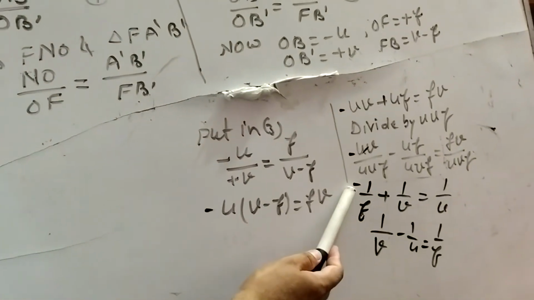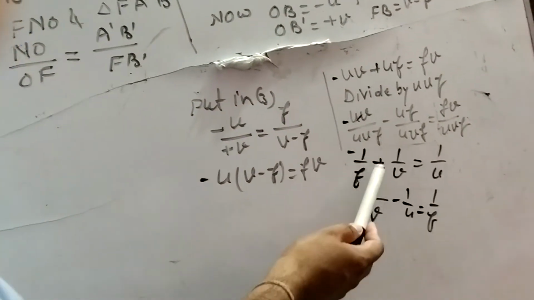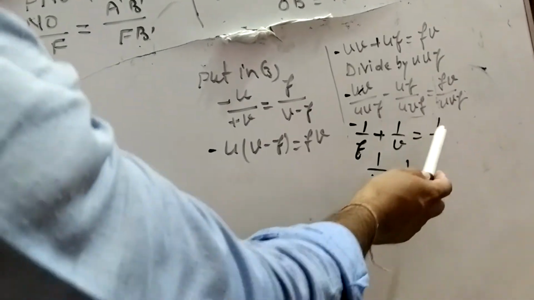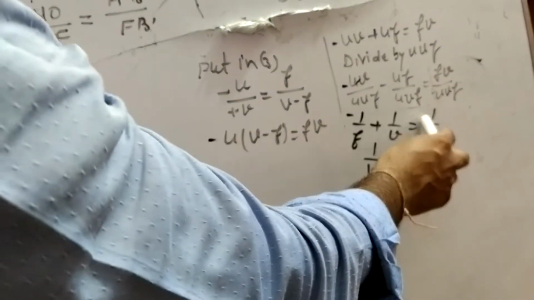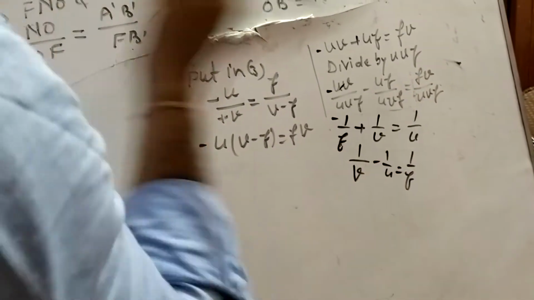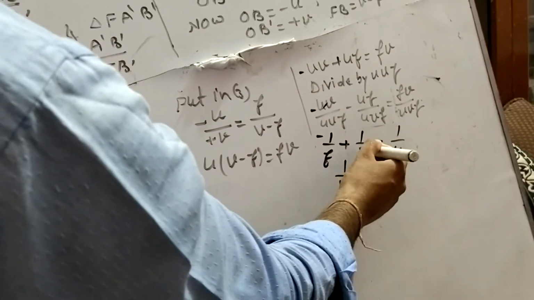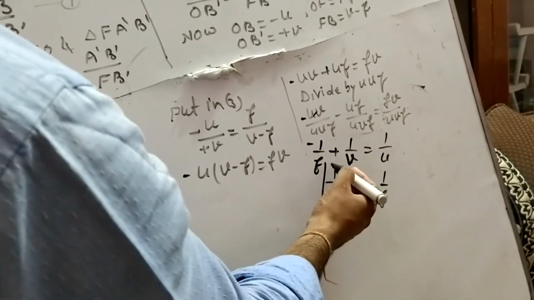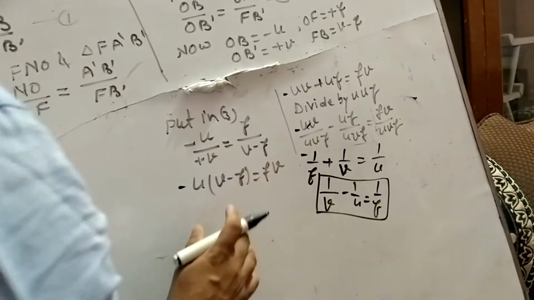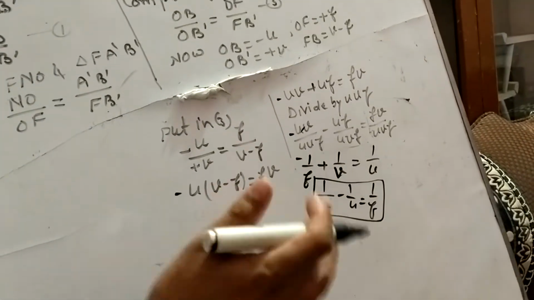So here minus 1 upon f plus 1 upon v is equal to 1 upon u. So rearrange this. We can take 1 upon u here. So 1 upon v minus 1 upon u is equal to 1 upon f, and this is lens formula.